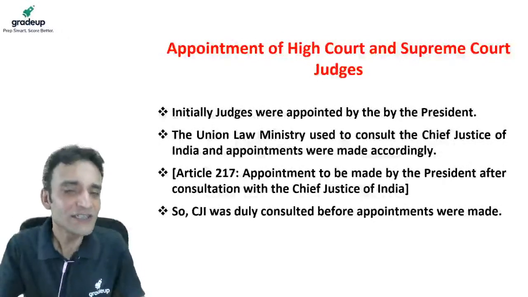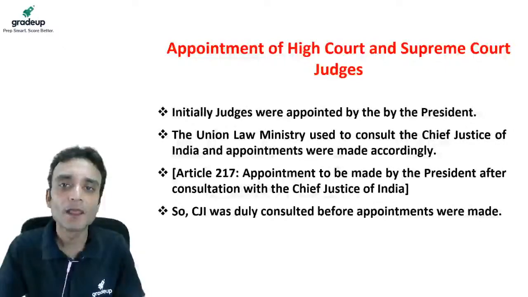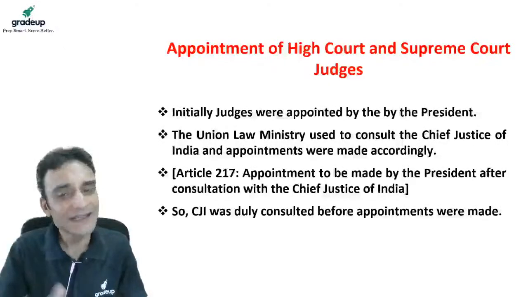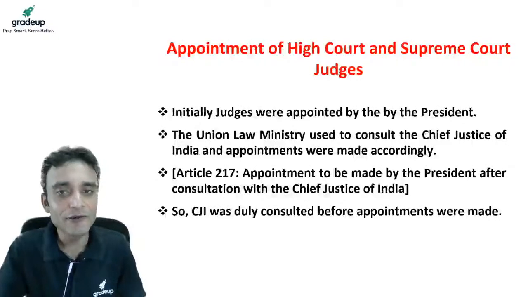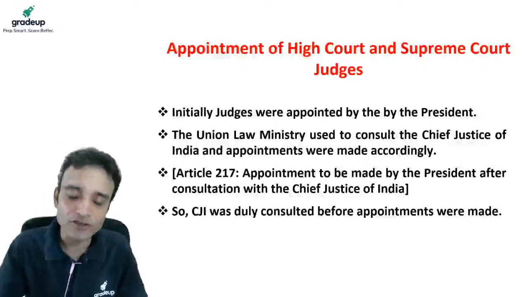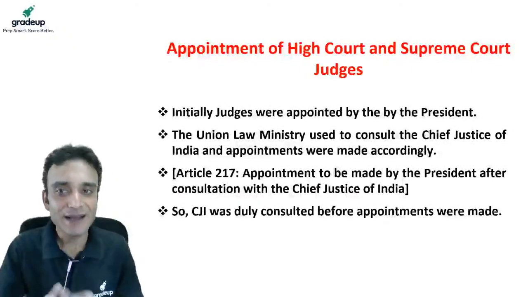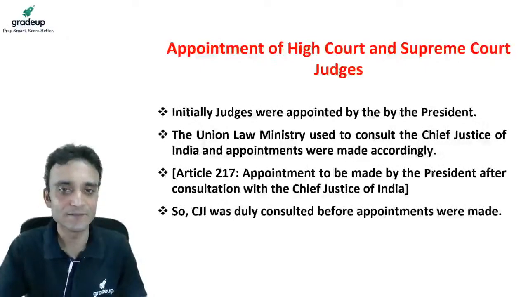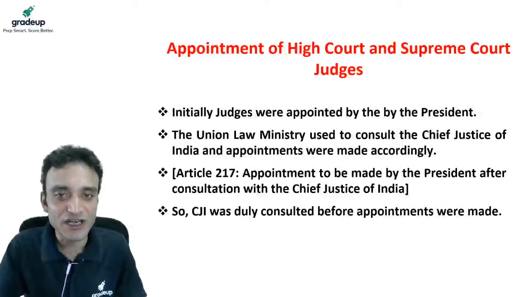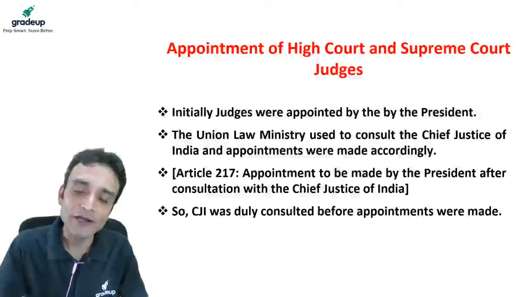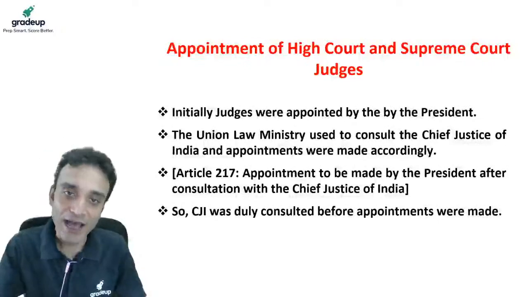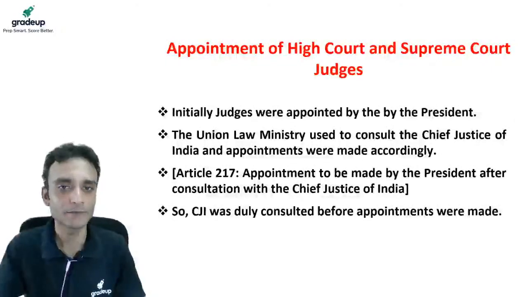So how are judges appointed? Judges are appointed by the President as per Article 124 insofar as the Supreme Court is concerned. And what is the entire process? Let's understand that. The Union Law Ministry consults with the Chief Justice and appointments are made to the High Court and the Supreme Court.